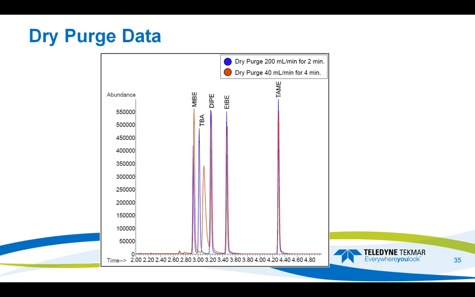However, with a longer dry purge and a lower flow rate, more time, more exposure to that gas flow is going to start to strip off certain compounds, such as, again, our TBA, our ETBE, and our TAME. So it's not only just the total amount of gas you put through, but also the amount of time that you're allowing your lighter compounds to be exposed to that gas. They can potentially be stripped off.